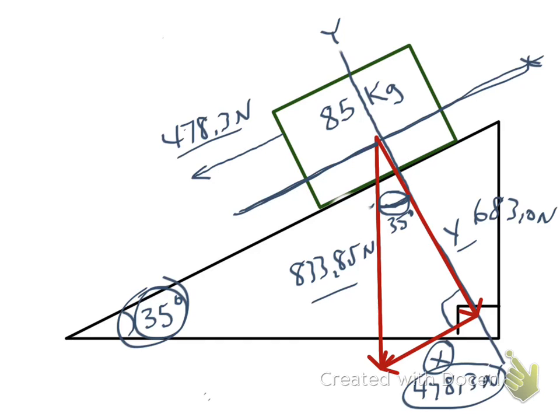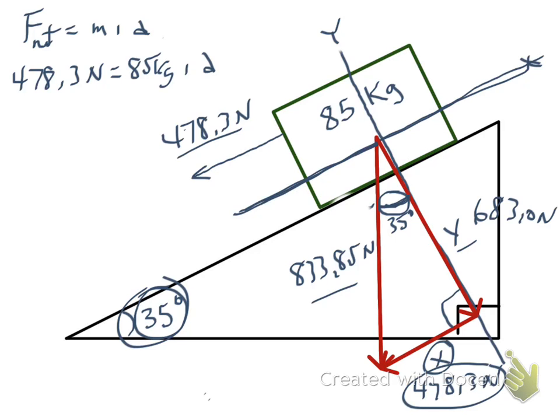To solve our final step, we know that the net force is equal to the mass times the acceleration. The net force is 478.3 newtons. The mass is 85 kilograms. And so we can solve for the acceleration.